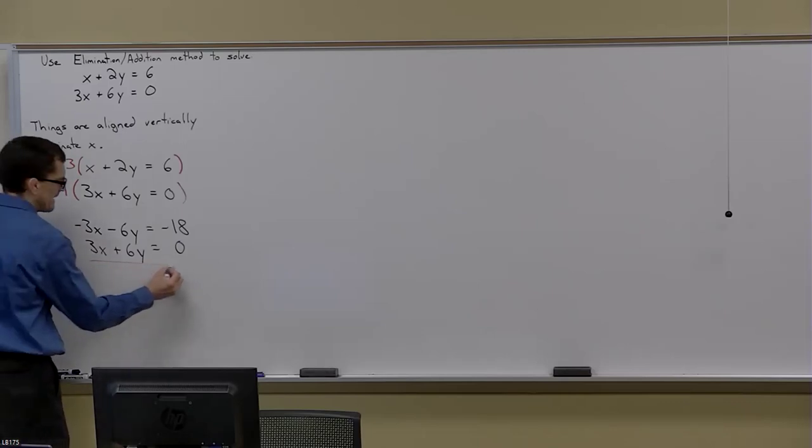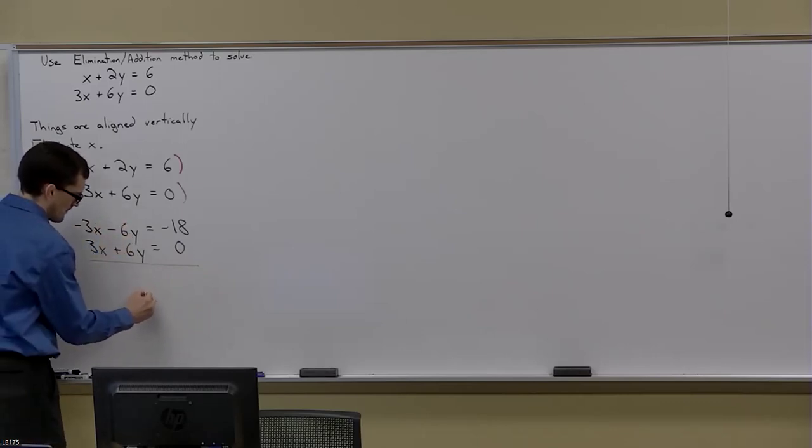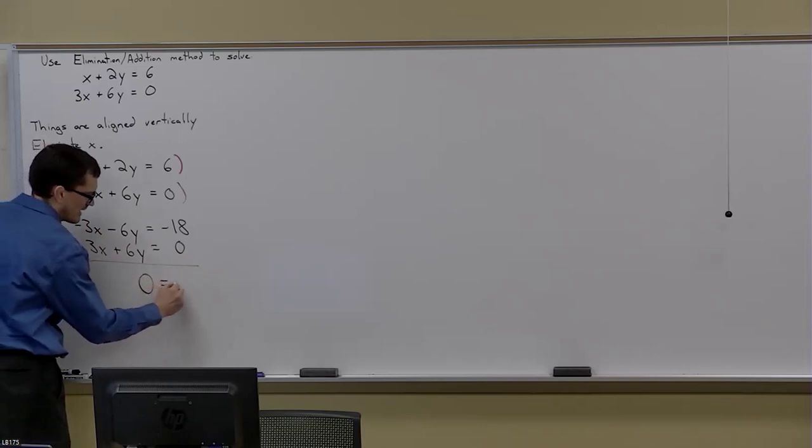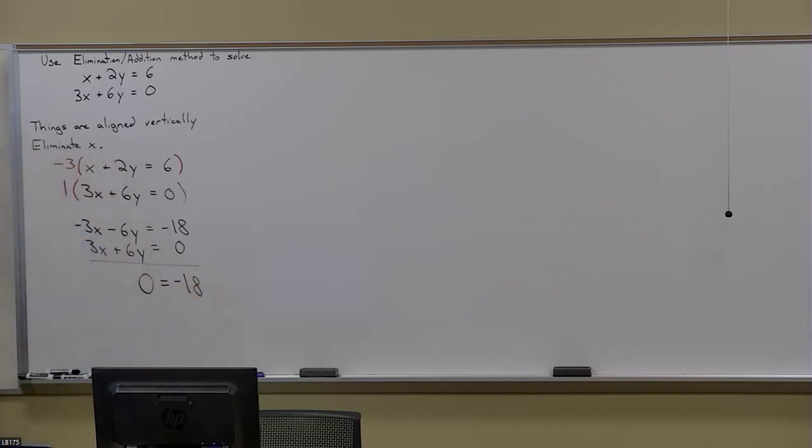Now when I add these things up, both the x's and the y's are eliminated. So on the left-hand side of the equal sign, I get a 0. And on the right-hand side of the equal sign, I get a negative 18.